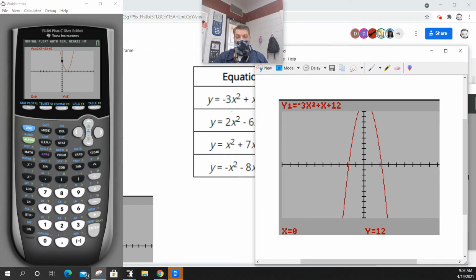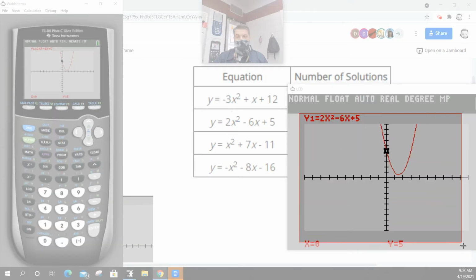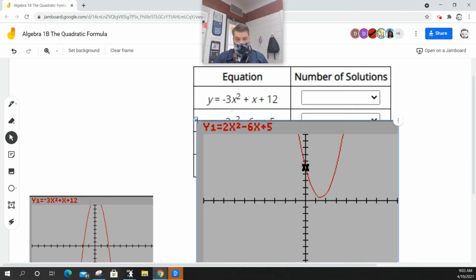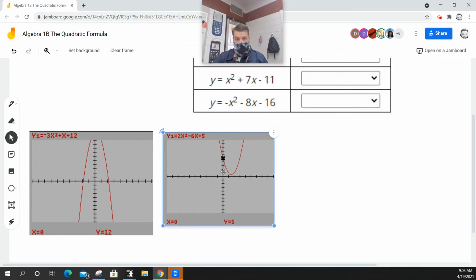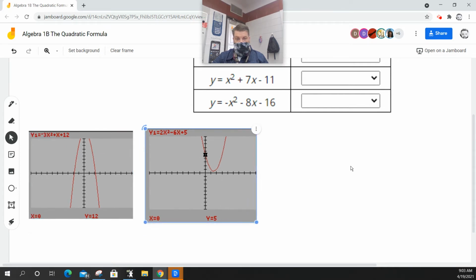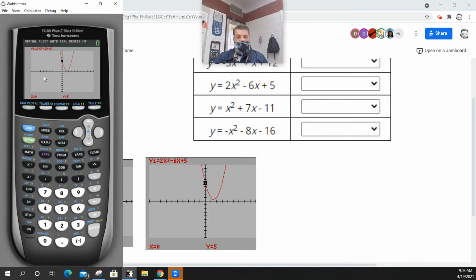So let's take a screenshot of that. All right, let's graph the third one. Turn our graphing calculators on, and clear that one out.